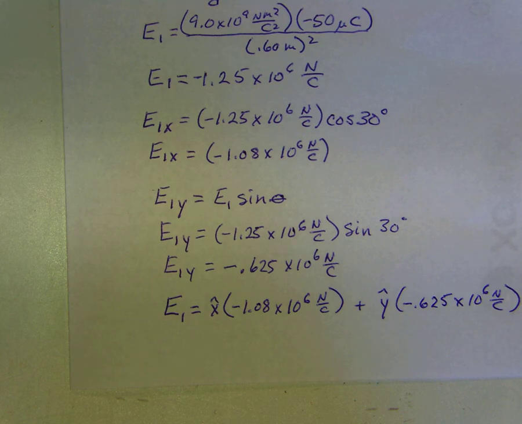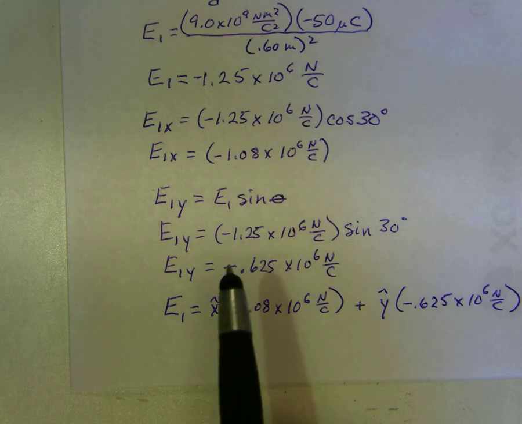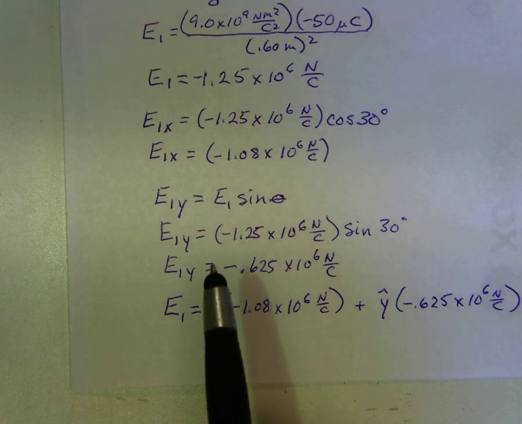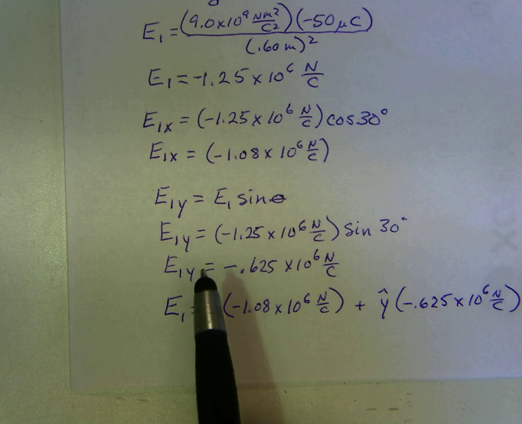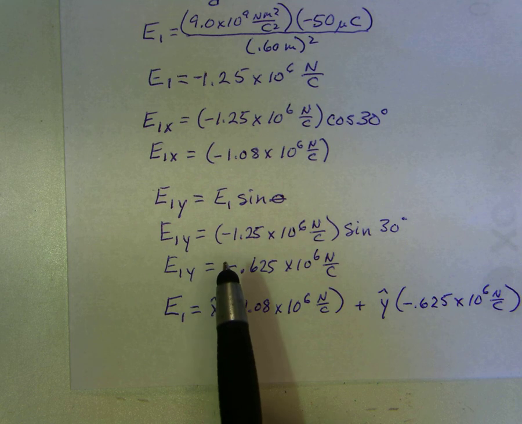The nice thing about sine of 30 degrees is, what's sine of 30 degrees? Oh, 0.5. That's one of those that it's handy to remember.